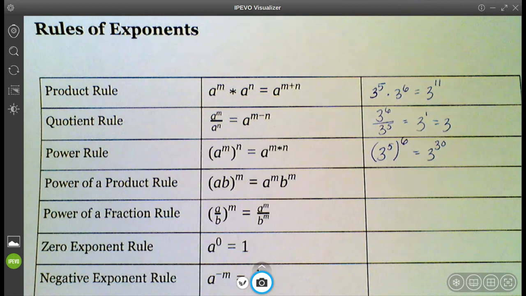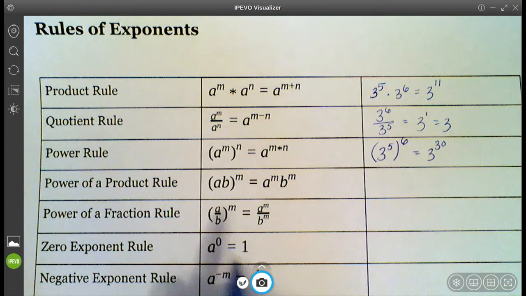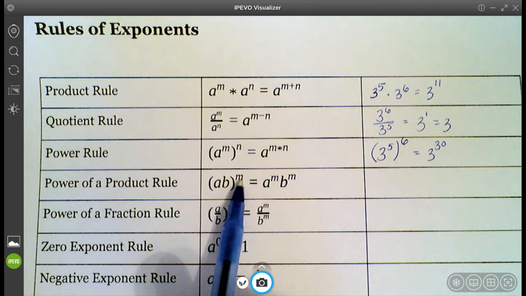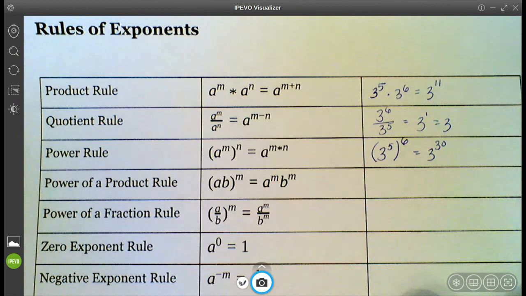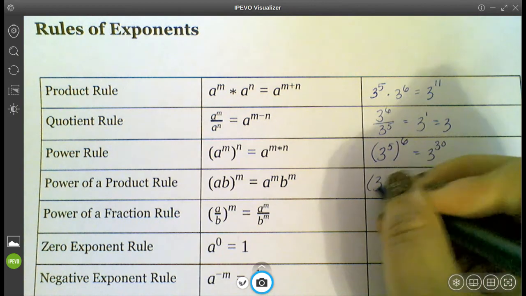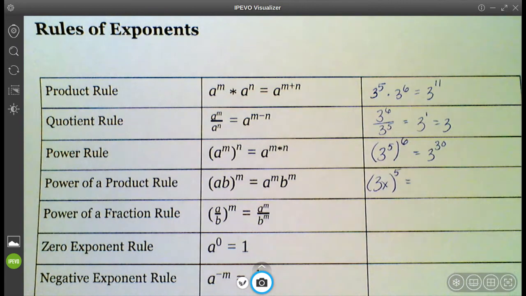The power of a product rule means we have multiple letters or numbers inside the parentheses here, all being raised to the same power. So you would take each one of the individual pieces and raise it. So a times b to the m power, you would take a to the m power and b to the m power. So let's take a look at an example of what that might look like. I have 3x to the 5th power.